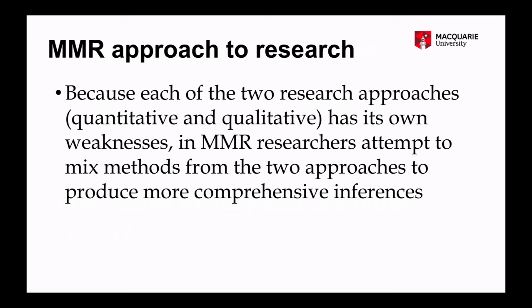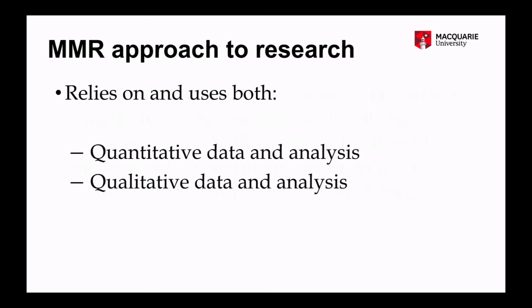In mixed method research, researchers attempt to mix methods from the two previous approaches to produce more comprehensive inferences and to account for potential weaknesses in our understanding of different phenomena. In mixed method approach to research, we usually rely on both quantitative and qualitative data and analysis.